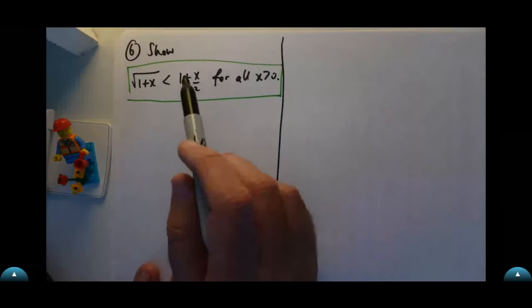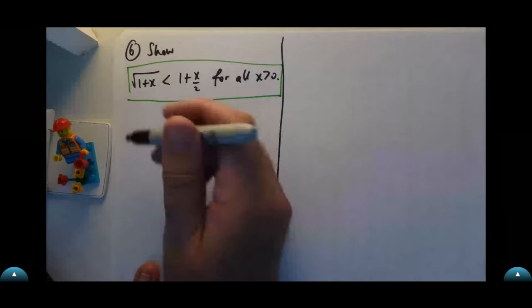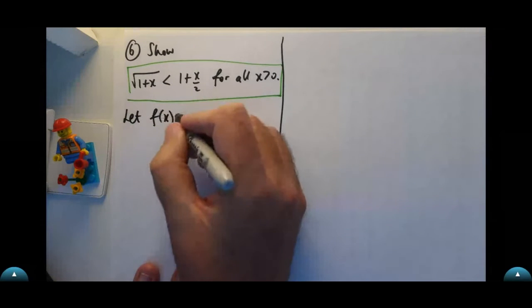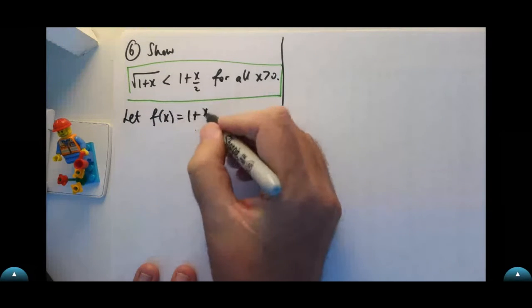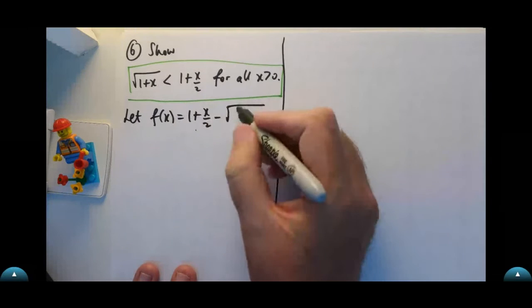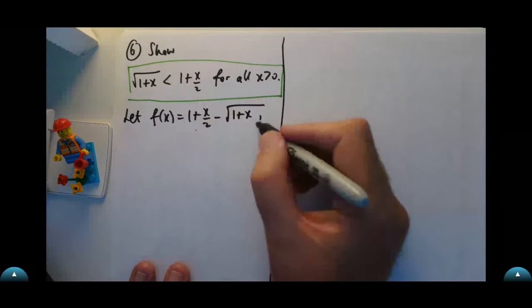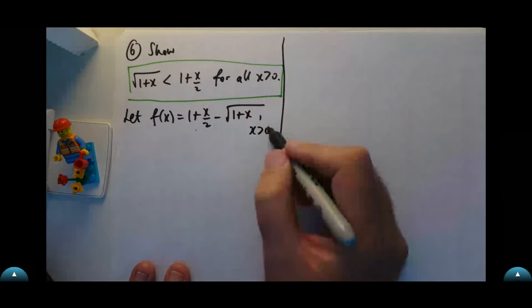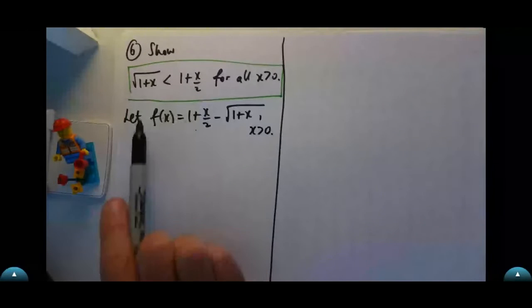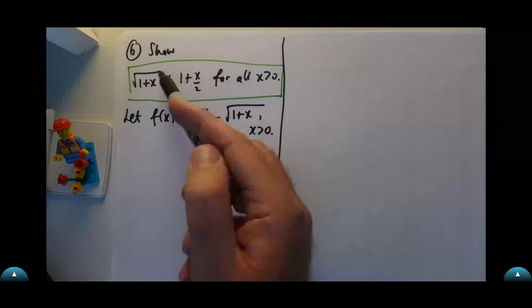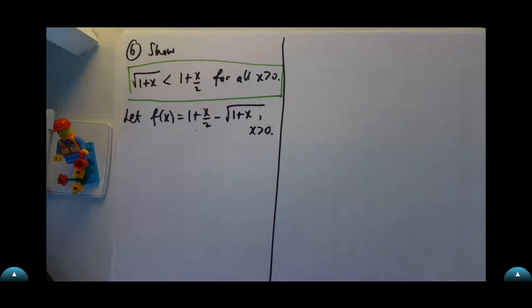So what I'm going to do is rearrange this and introduce a function which is just this on the other side, and you want to show that this is positive. So if we can show that this function is positive for all positive x, then that's equivalent to showing this.